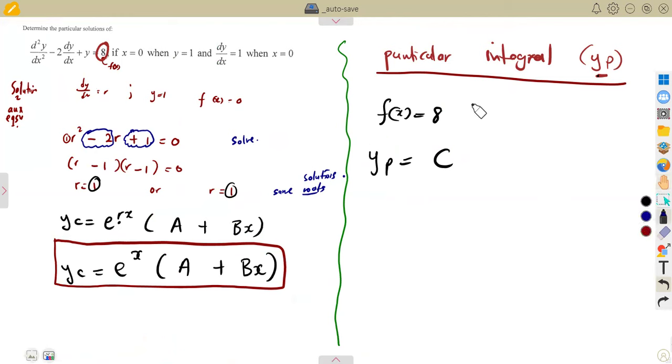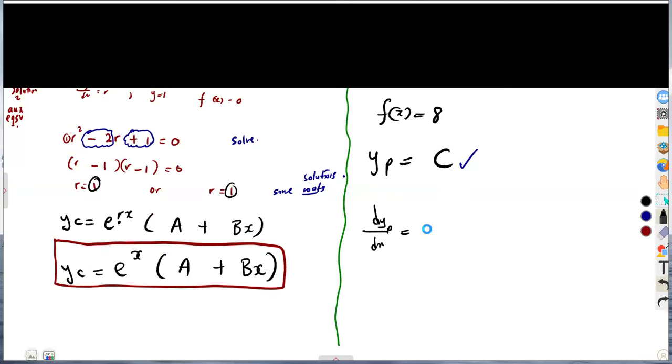That is where I talked about the issue of the first derivative, because this yp that we are seeing, it is the same as this y. So we need its first derivative, its second derivative. So what will be the first derivative of y with respect to x of the particular integral? It's a constant. There's no x here. So that's a 0 there. There's nothing that we are obtaining from there.